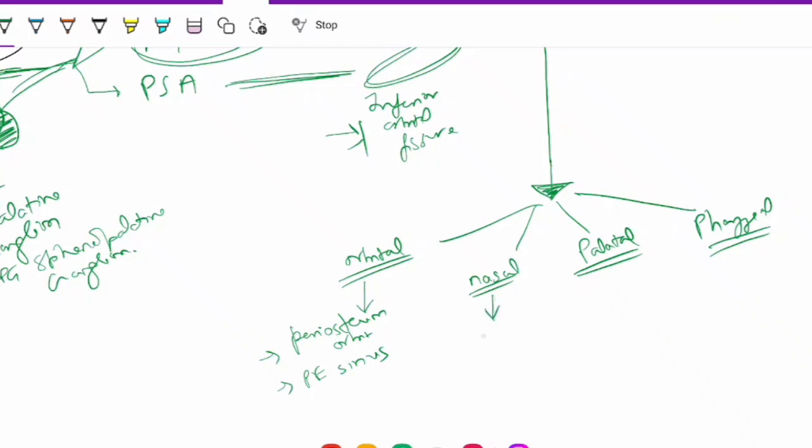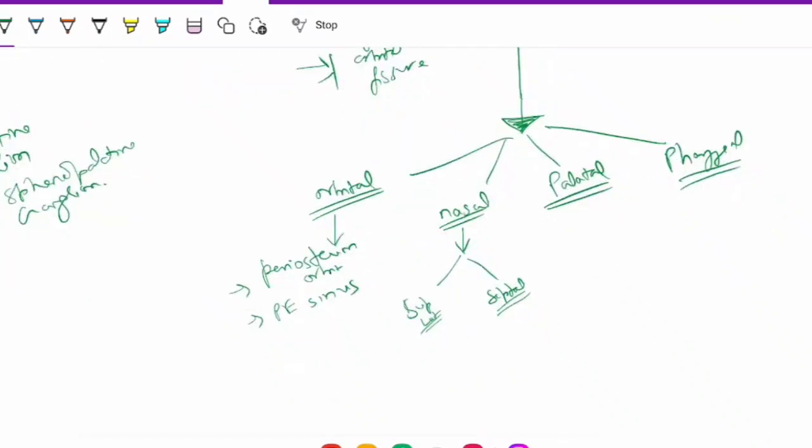Nasal branches are again divided into two, that is superior lateral and septal. Now remember, this superior lateral and septal branch were also found in your ophthalmic division's anterior ethmoidal nerve as well. But here it is a different branch altogether.